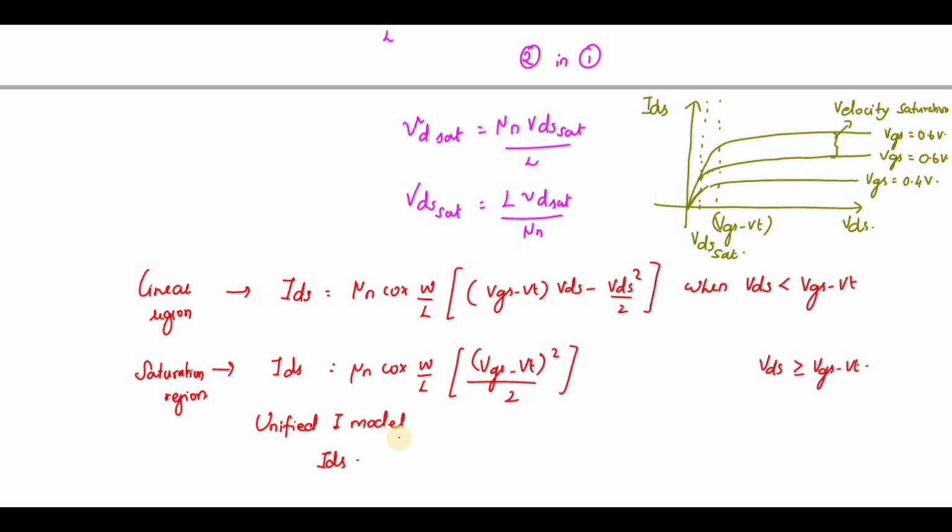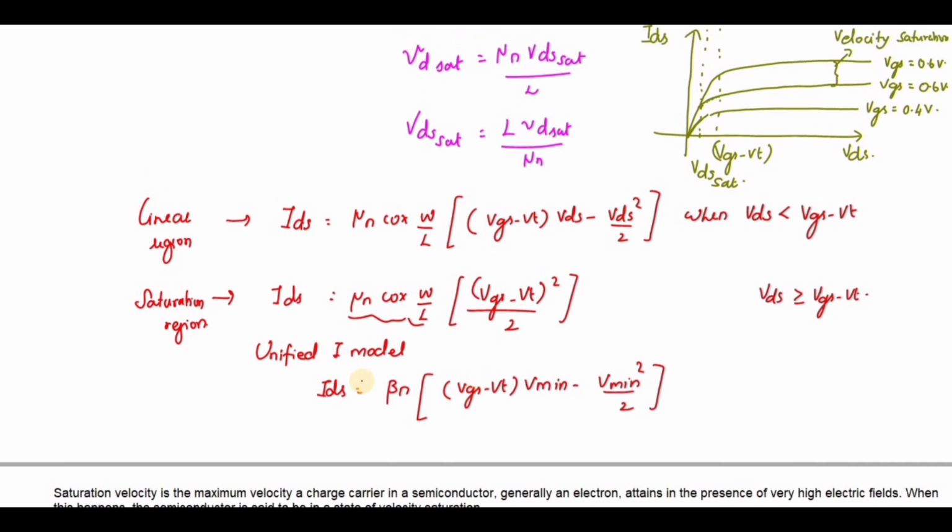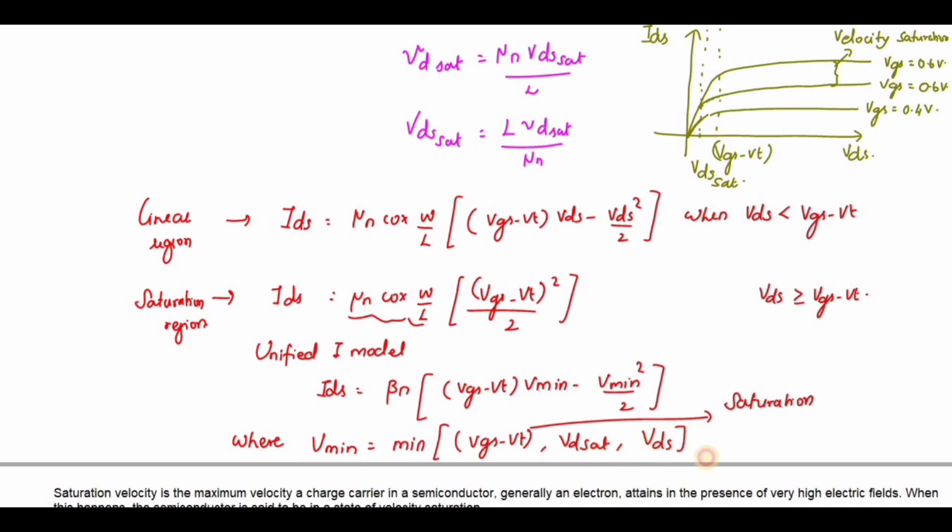That is, IDS is equal to beta n into VGS minus VT times Vmin minus Vmin square divided by 2, where Vmin is the minimum of VGS minus VT, VD sat, or VDS. If Vmin is VGS minus VT, it is nothing but saturation. If it is VDS sat, it is velocity saturation. And if it is VDS, it is in the linear region.